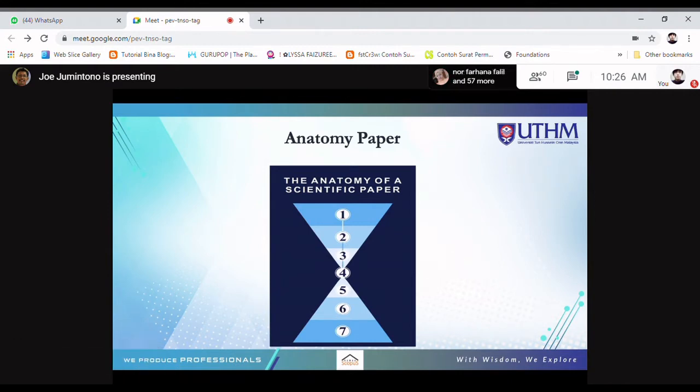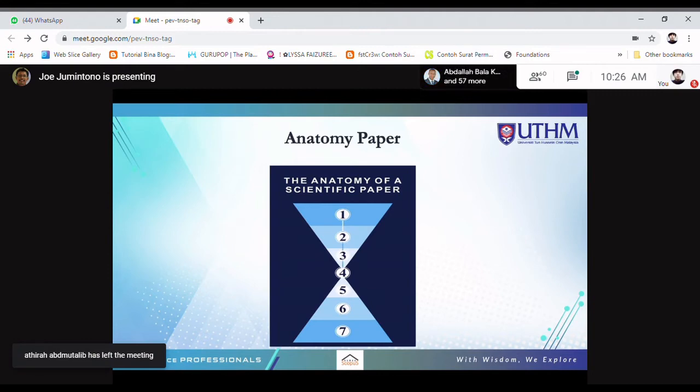Number 5 follows the IMRaD format: introduction, method, result, and discussion. Number 5 is the result or finding of the research. Number 6 is discussion, and number 7 is conclusion.